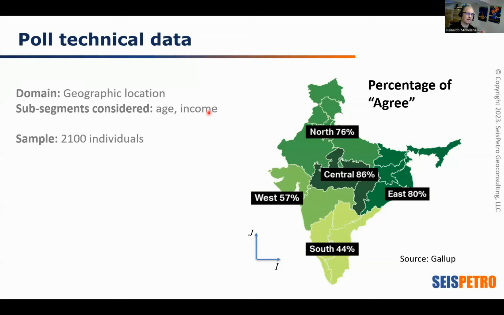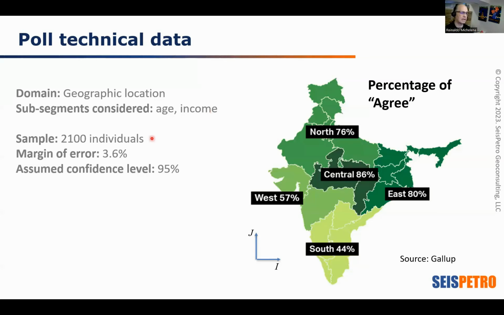The sample size for this poll was 2,100 individuals, and the margin of error that they report was about 3.5%. That was assuming a confidence level of 95%, which means that if they go back to the field and repeat the poll, there is a 95% chance that they are going to get the same results.